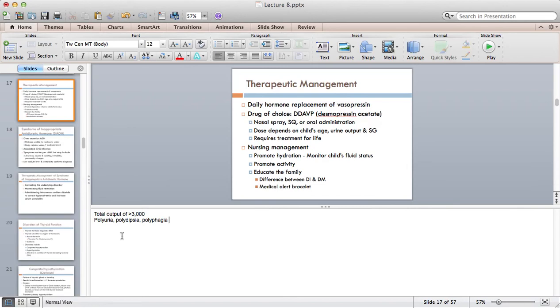The question here is the concern about intake and output. Is it only for the 1,000 milliliters?